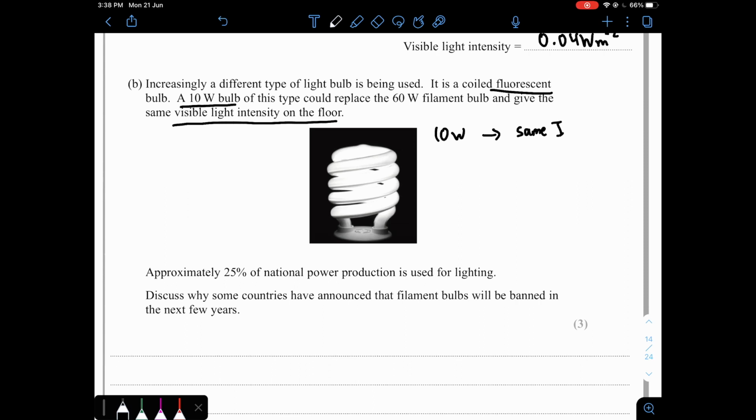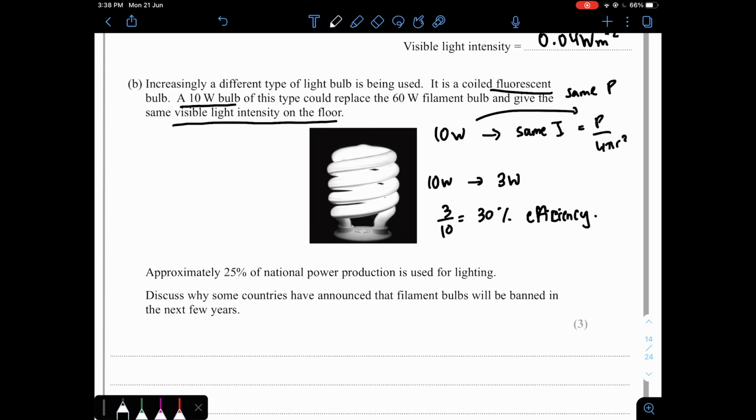If it gives the same I, it must have the same P over 4 pi r squared, so it must have the same useful power. From this 10 watt bulb, you're getting 3 watts of useful light, so 3 over 10 is 30% efficiency. So that's pretty important.